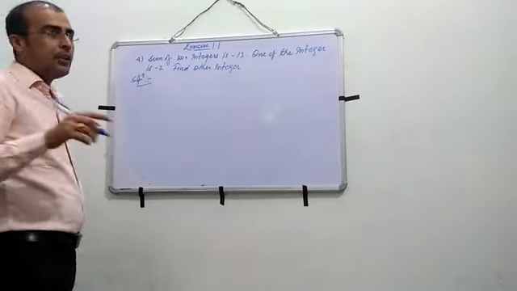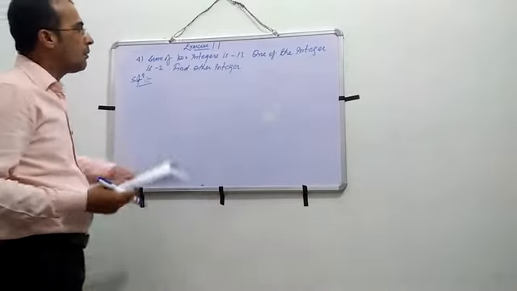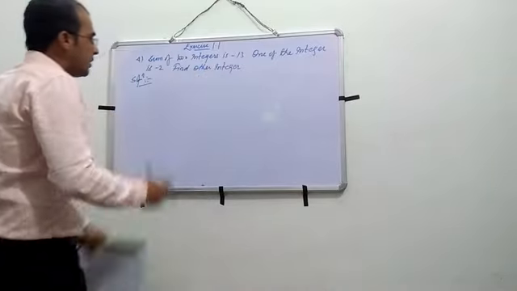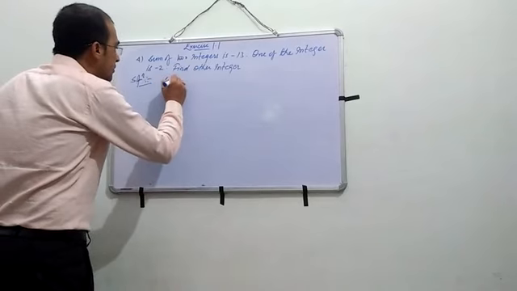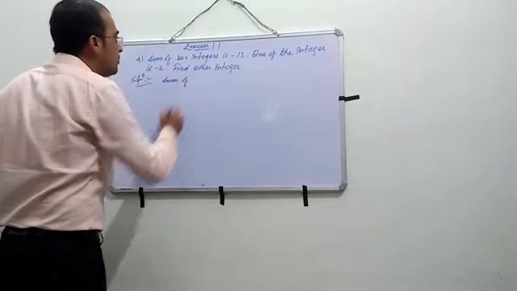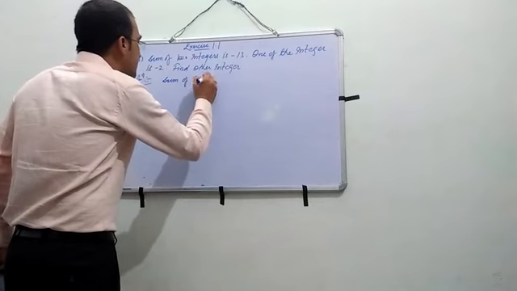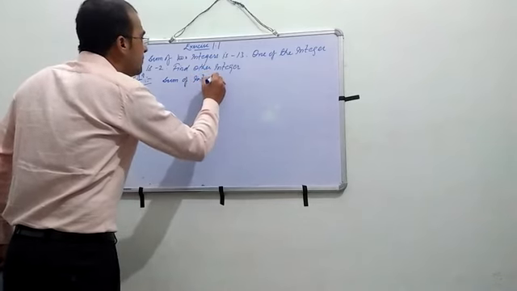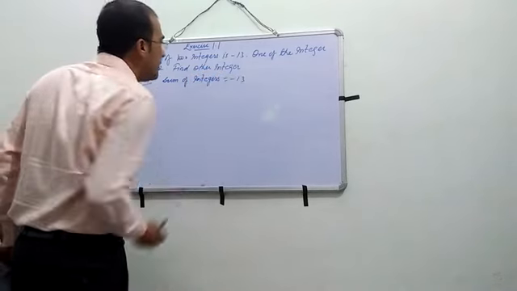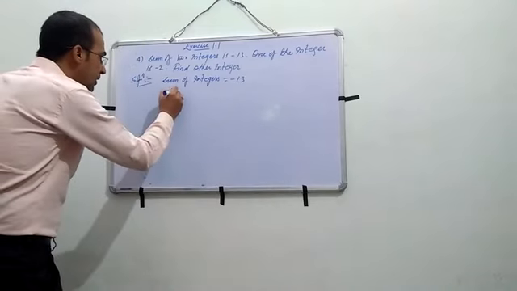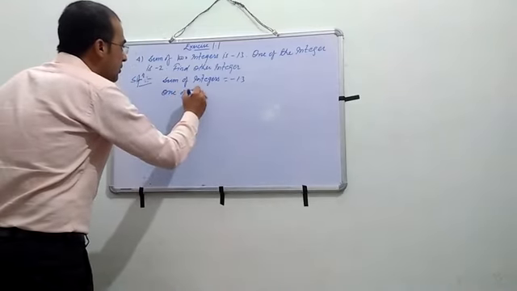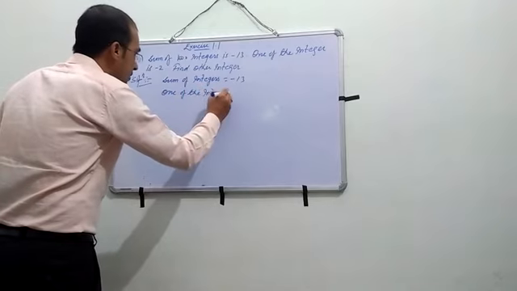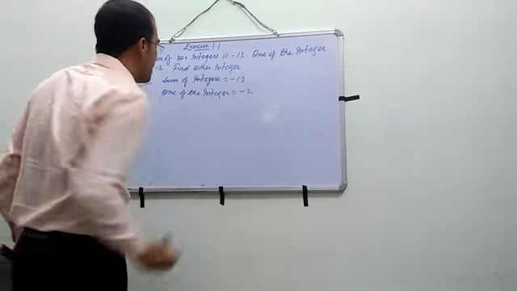Let the other integer be x. And what is given? Given that the sum of the integers equals minus 13. One of the integers equals minus 2.